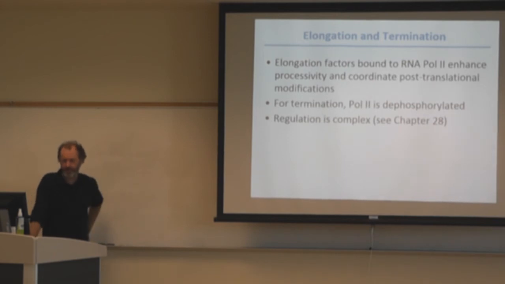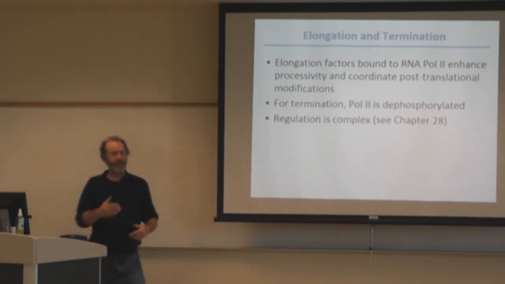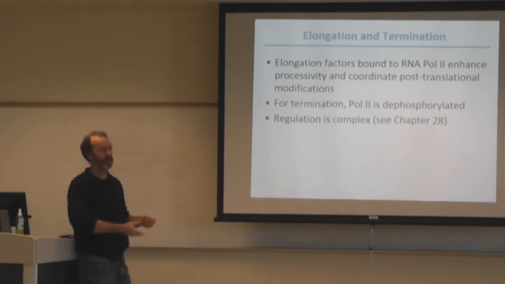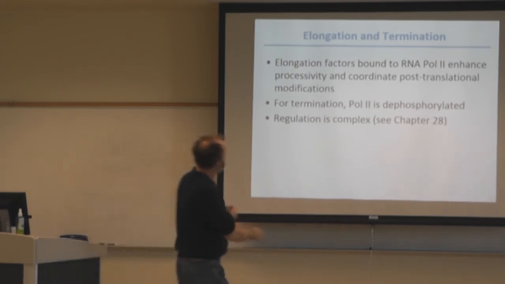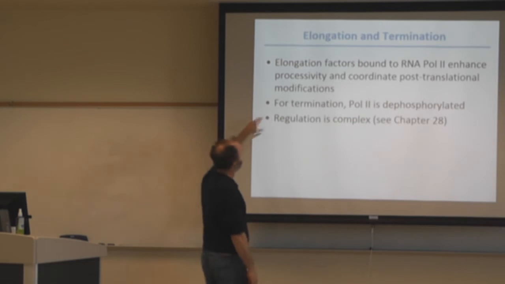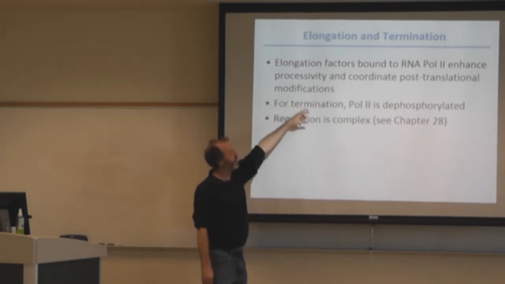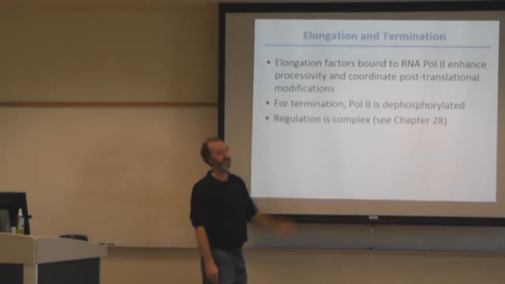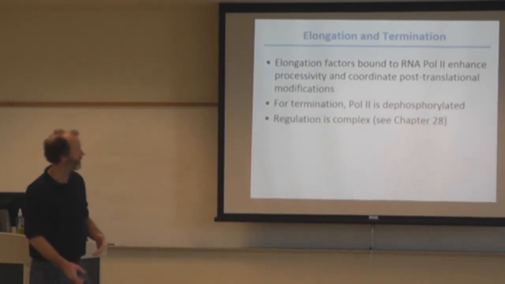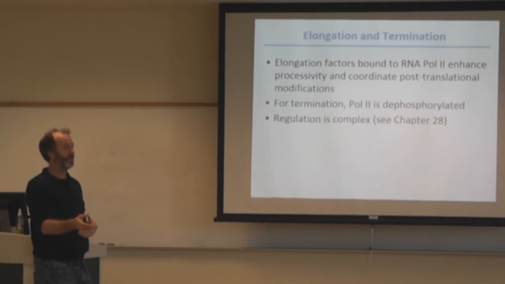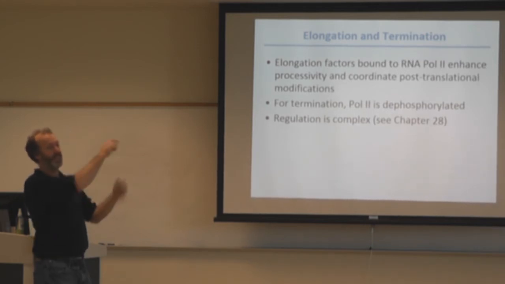So elongation factors bound to RNA polymerase enhance processivity. Just like the DNA polymerase, processivity is how long it's going to be able to stay on the template and make a copy. Elongation factors bound to the RNA polymerase enhance processivity and coordinate post-transcriptional modifications. So you saw from the movie, the first modification that we made is the methyl G cap.